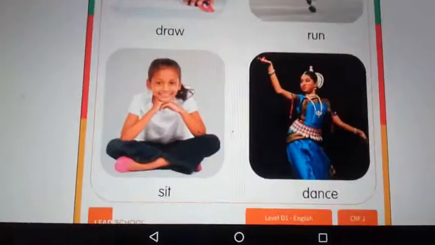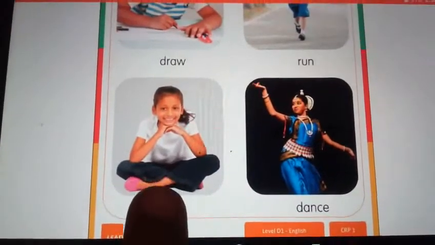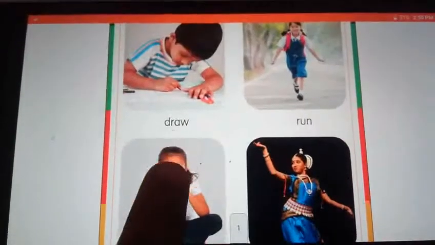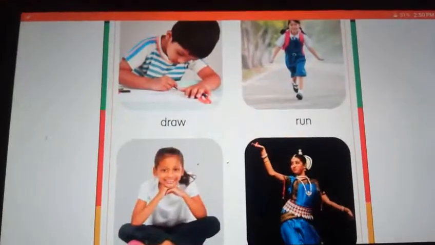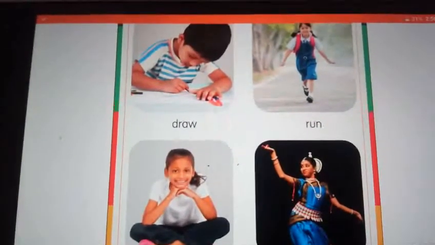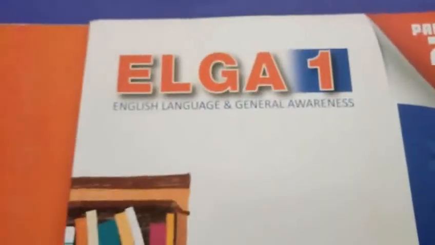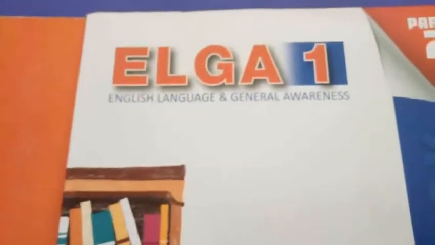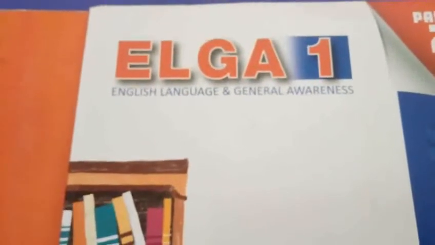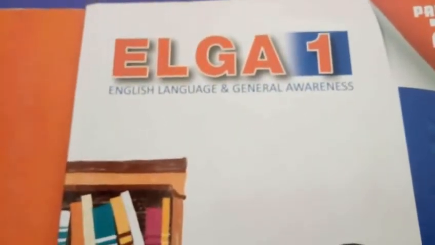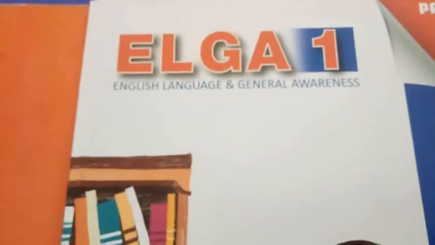Sit. Dance. So these words are called action words. Whatever we do, that is called action. For example, look, hear, sit, stand, clap, jump, bend. These are the action words.